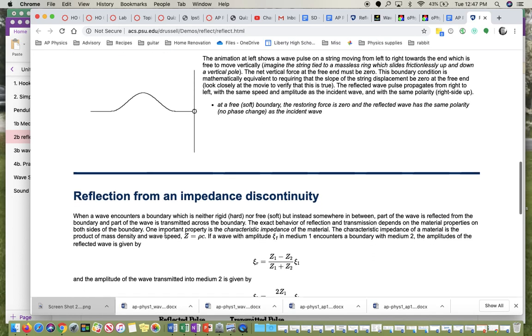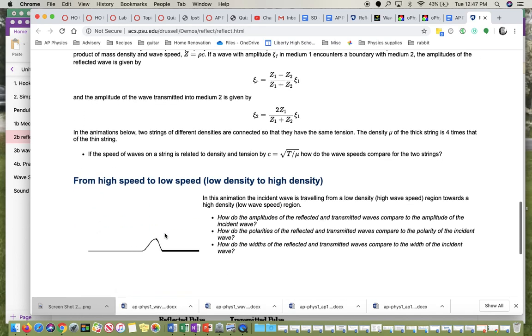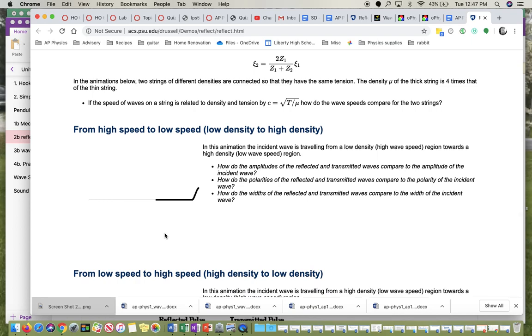All right, the other 2 types, ignore all of those. Let's say instead of having one rope fixed to the wall, we now have a thin rope attached to a thick rope. So basically what's happening here is we're going from a less dense medium to a more dense medium.